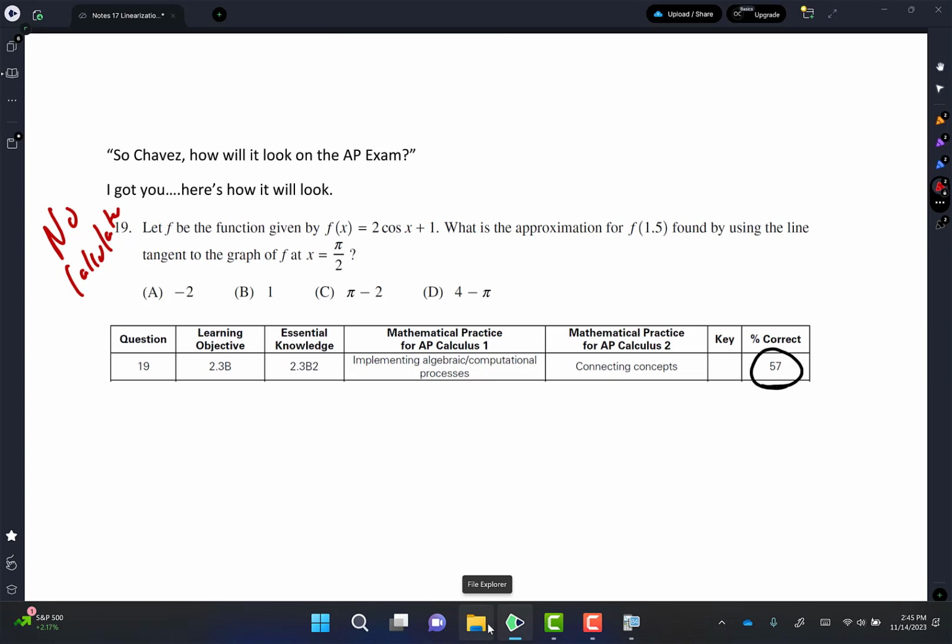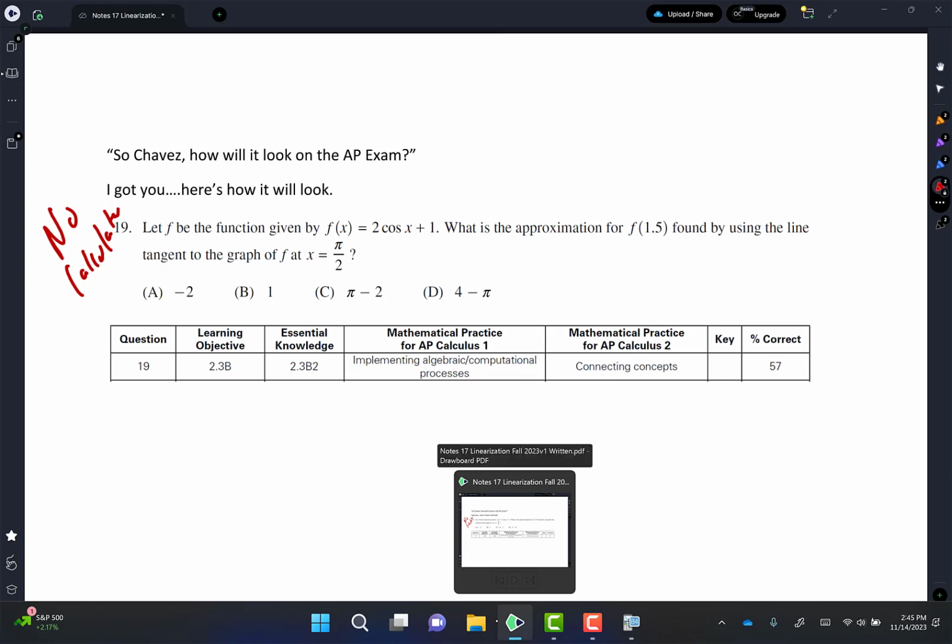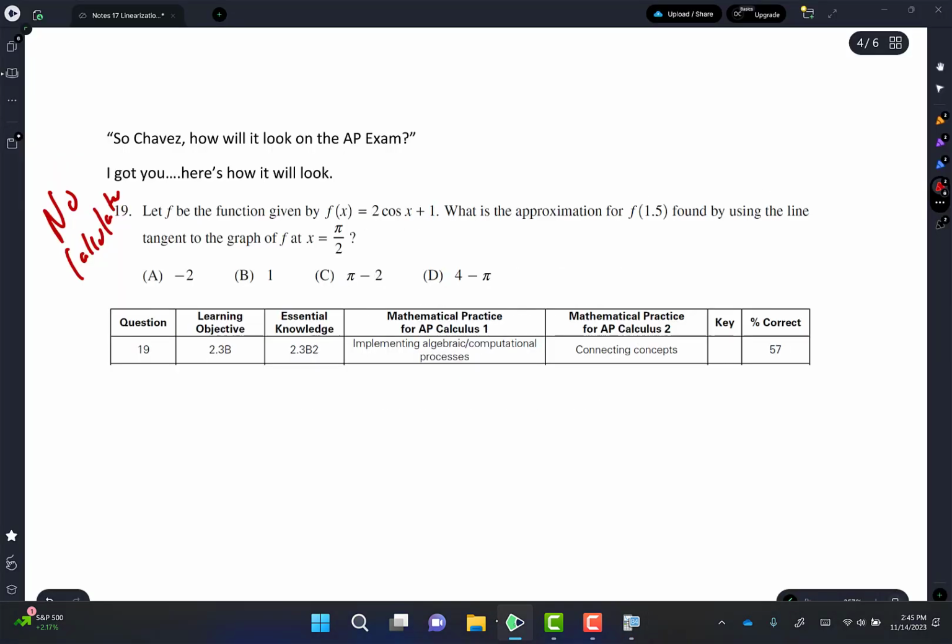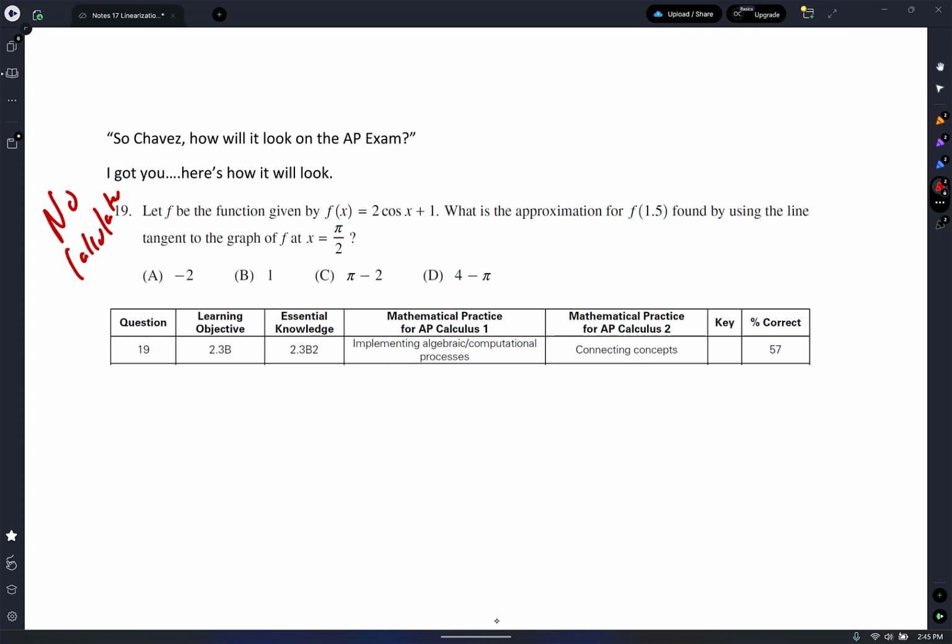I'm trying to figure it out. What'd you guys get?